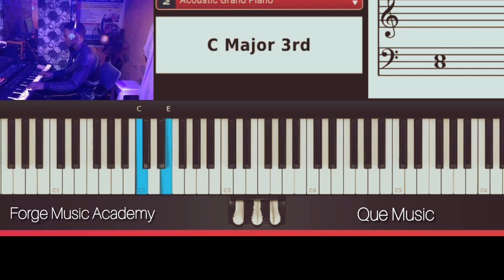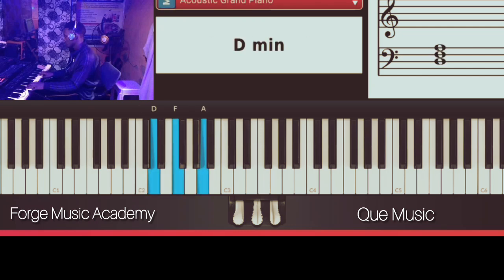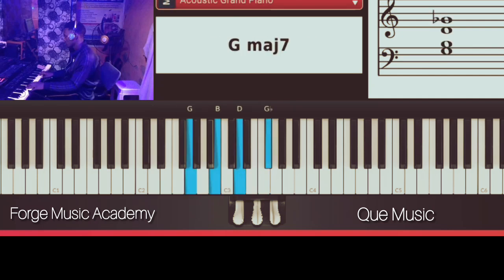In this case, my D minor, which is my chord 2, I will extend it, so I have a D minor 7. Then my 5, this is actually my G major 7th, but on the key of C I don't have this guy, so I'll flatten it, which gives me my G dominant 7.